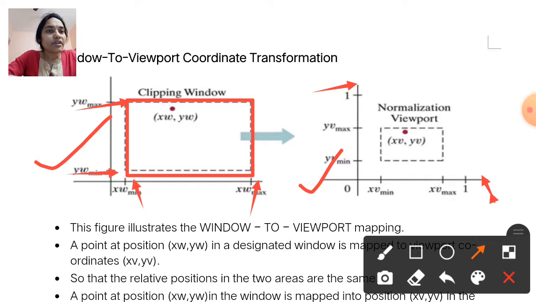This point is your XV min and this one is your XV max, and in the Y axis this one is your YV min and this one is your YV max. Okay, so this figure displays the window to viewport mapping, how it can be mapped from window to viewport.